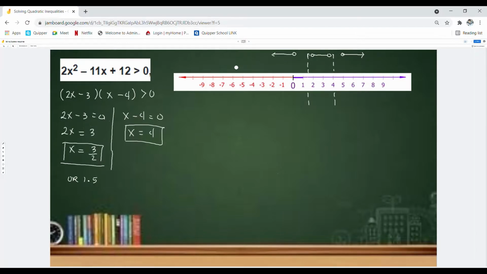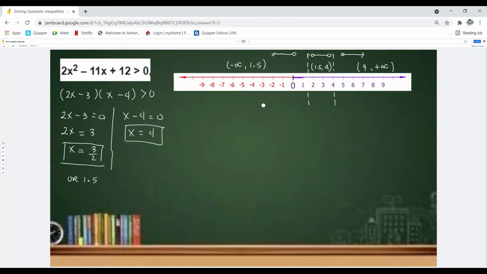Negative infinity with a parenthesis is your first, and then you have 1.5 open, 1.5 and then 4, and here we have 4 and positive infinity. Okay, so now you are going to use test points.